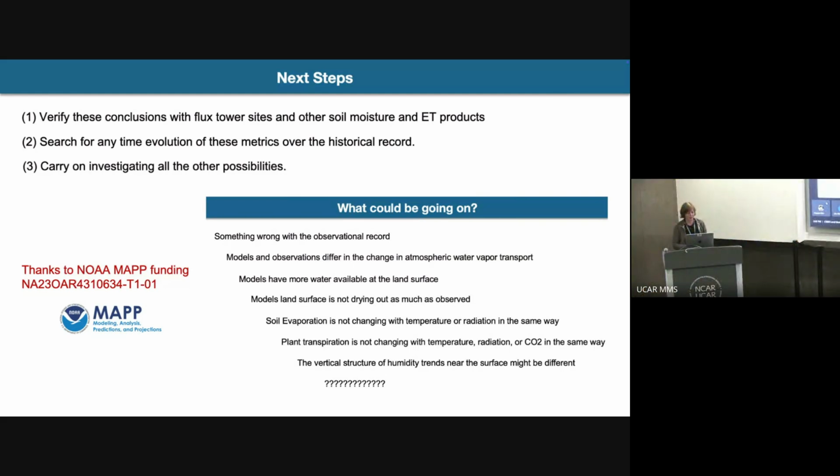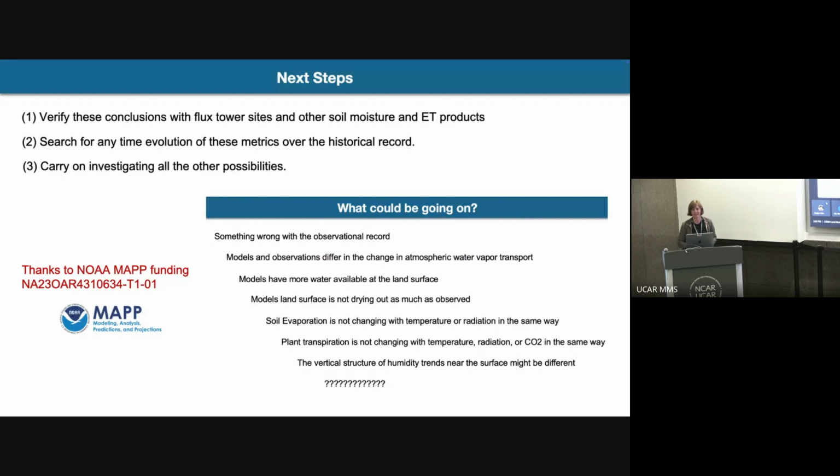Well, Karen McKinnon and I have been looking at that ESA product, and from looking at that, it doesn't look like the declines in soil moisture are wrong. So I feel like everything has been ruled out. The one thing that remains is the plants, because the plant physiological responses we just wouldn't see in the high frequency variability.